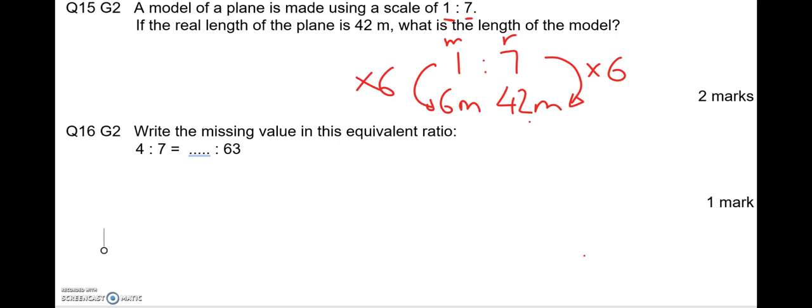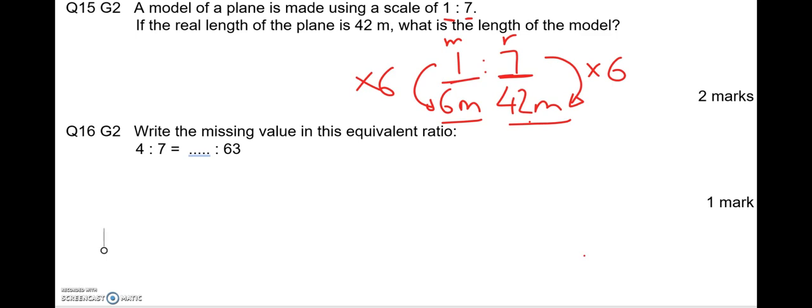Although it looks big, that is what the question is asking us, and they're going to be big models of planes. So write it as 6 meters. Whatever unit you have to begin with, when you have no units in the ratio, that's what you need to get out.